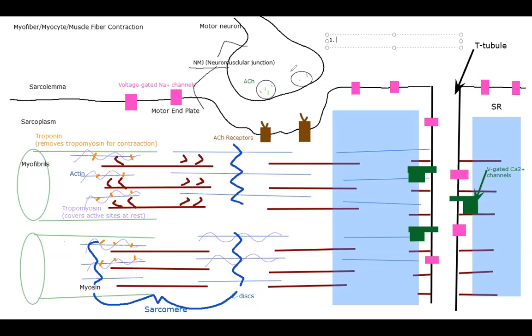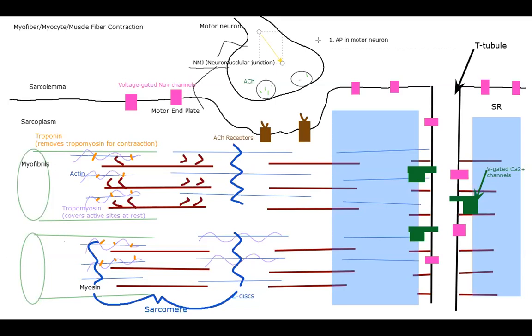Step number 1, I'm not going to spell it out in a lot of detail because you have all of these steps already printed for you in the PowerPoint, but step number 1 is essentially an action potential in the motor neuron. An action potential shoots all the way down the axon from the spinal cord to the axon terminal.